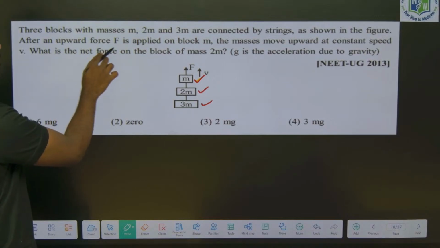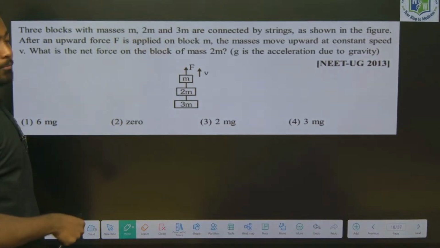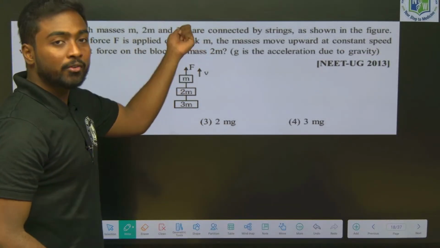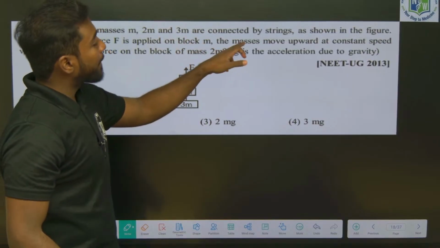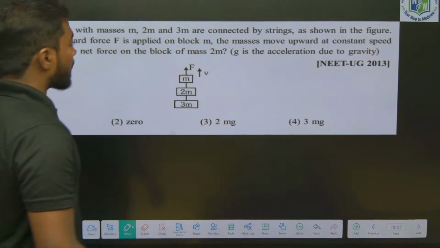An upward force F is applied on the block m, and the masses move upward at a constant speed v.